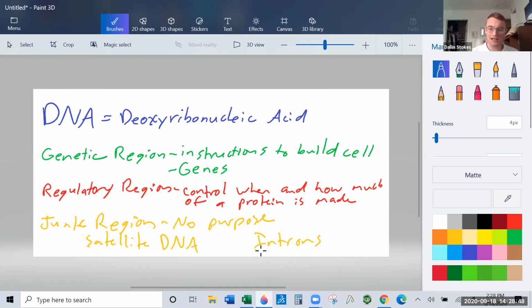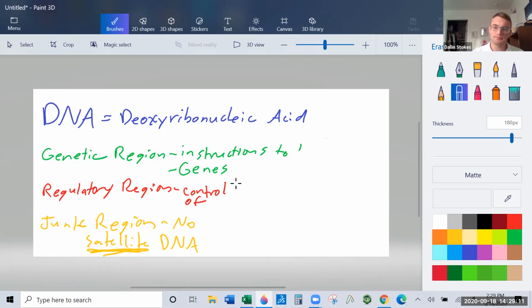And I like to remember that, like in is inside, whereas satellite is around. So yeah, there are your 3 regions of DNA, the 3 kinds of DNA that make up the DNA inside your cell: genetic regions, regulatory regions, and junk regions. Okay, let's erase this and move on to the next topic here.